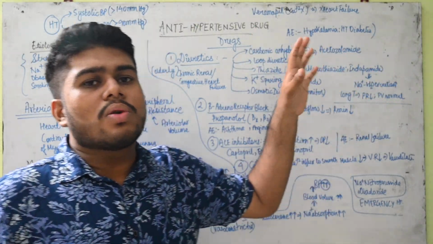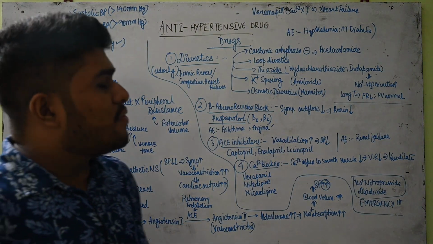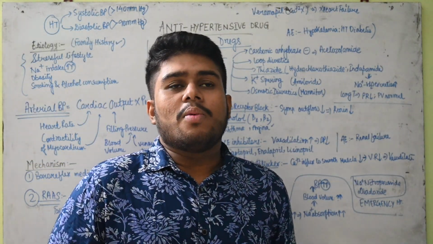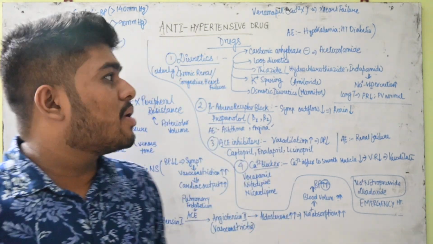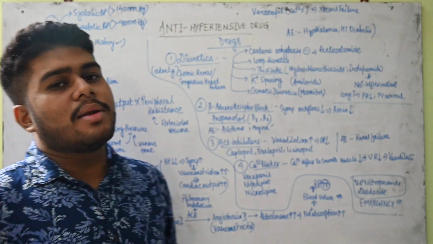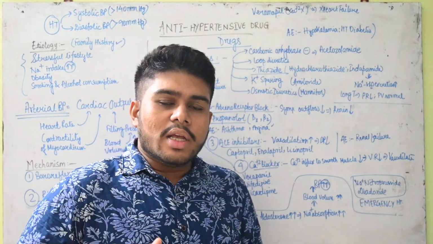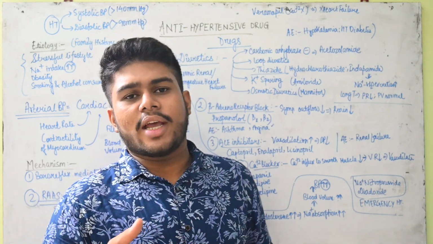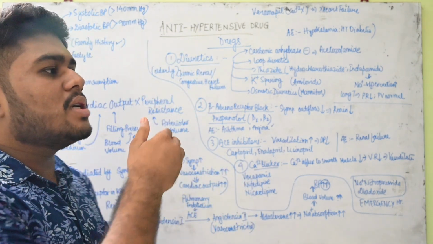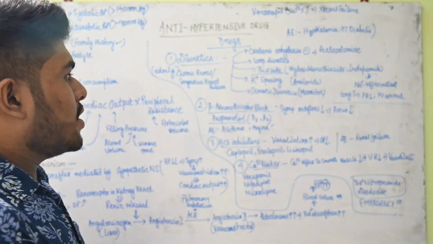So in these cases you cannot apply diuretics directly, right? And if you are applying diuretics, you have to check whether the kidney is working properly, because that will affect renal functioning, as well as there can be some sort of heart problem also. Whenever you are prescribing a medicine, you have to check whether that person is suitable for it, because there can be side effects of that medicine. So you have to look into that.